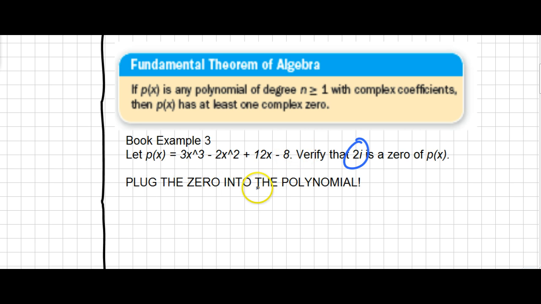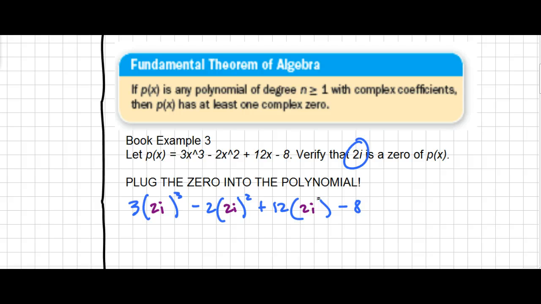So we're going to plug the zero into the polynomial. I'm going to take the polynomial, and wherever I have an x, I'm going to leave an empty space. And in the empty space, I'm going to put the zero that they gave me, 2i. And now we deal with the order of operations.